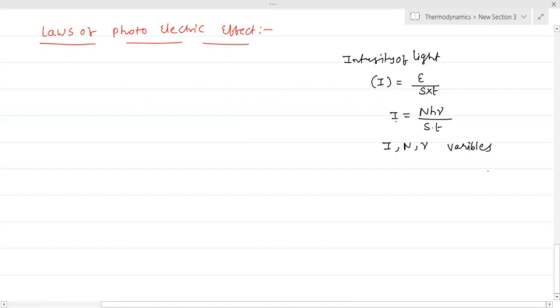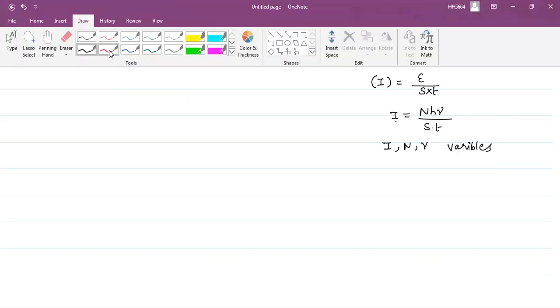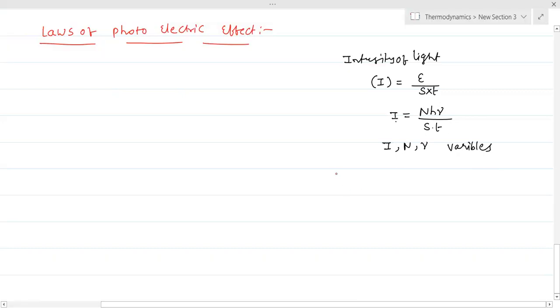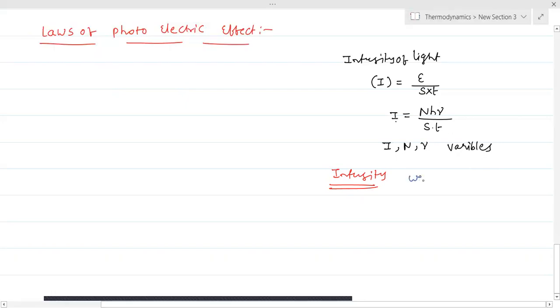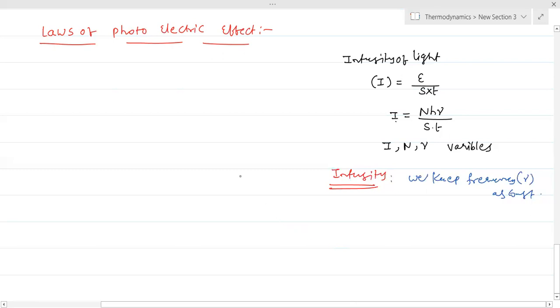But in physics, we are able to understand only the relation between two parameters. So while we are studying about intensity, this is a very important point: we keep frequency as constant. This is the most important thing.